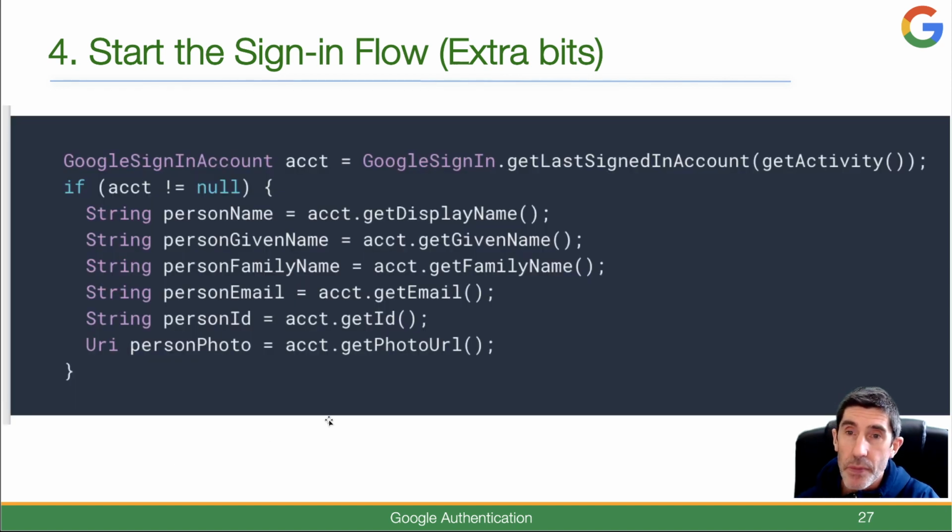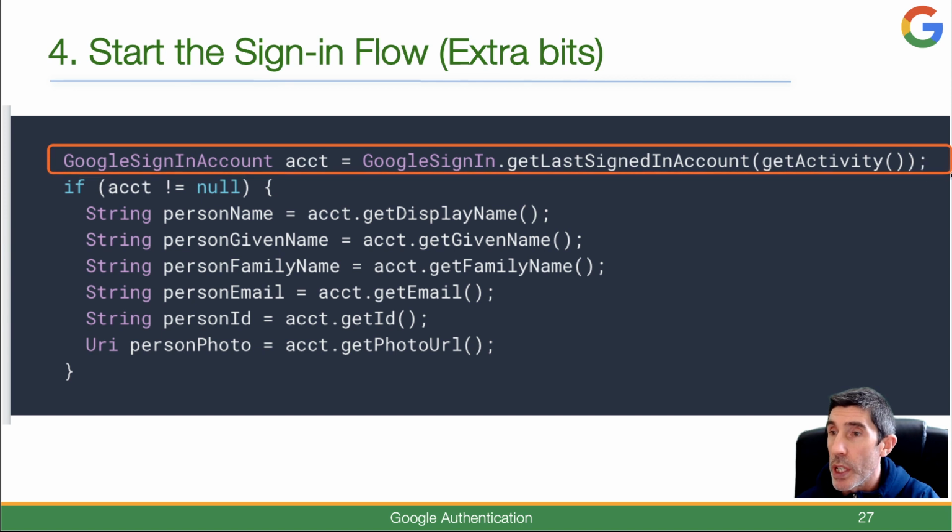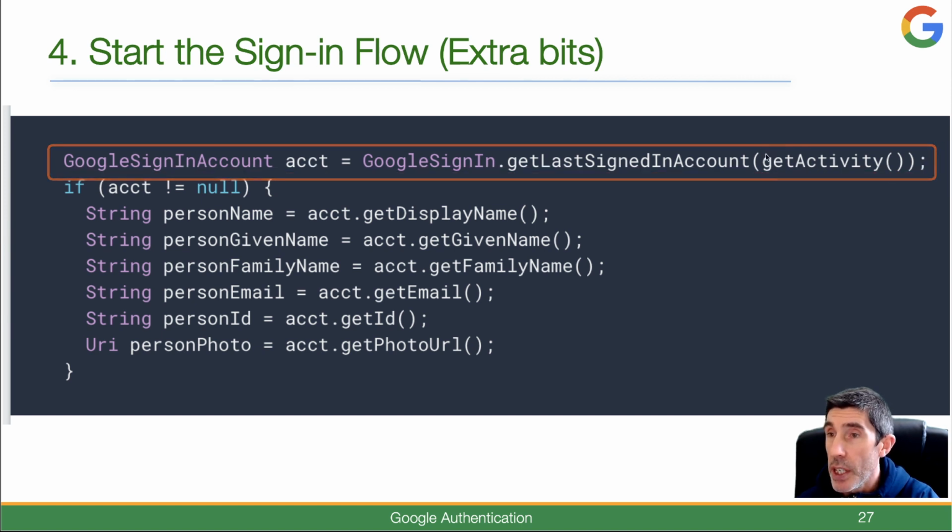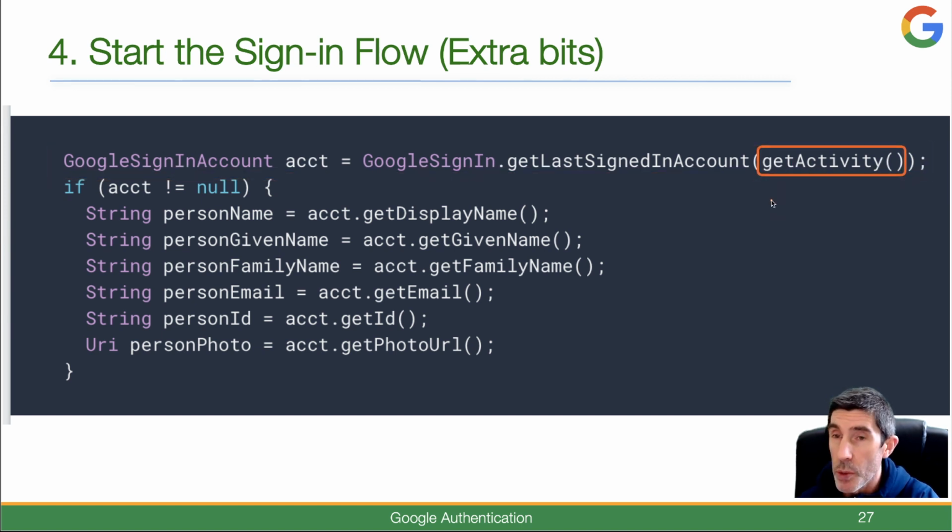Some extras, if you wanted them. You can see here we have our Google sign-in account. This will be inside an activity. Again, this is Java code for some reason. We will see our own Kotlin code when we look at the labs, but there are methods there to get the display name, the given name, the family name, and the email and ID we're looking at.